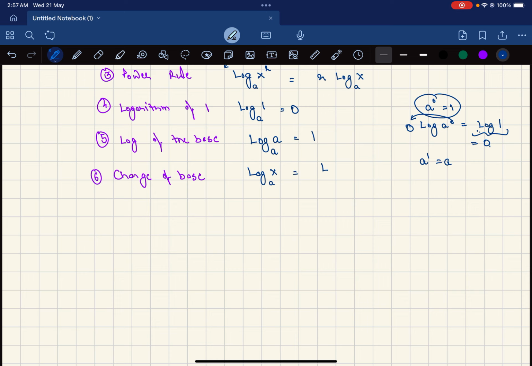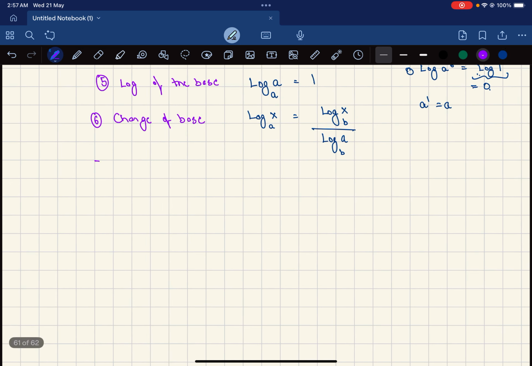So what we do, we simply write it as log x to the base b divided by log a to the base b. So to bring it to a particular base like b in this case, we need to keep the base the same for both x and a, and we simply divide by log a to the base b, where a was the previous base of the initial log. So this is called the change of base property.